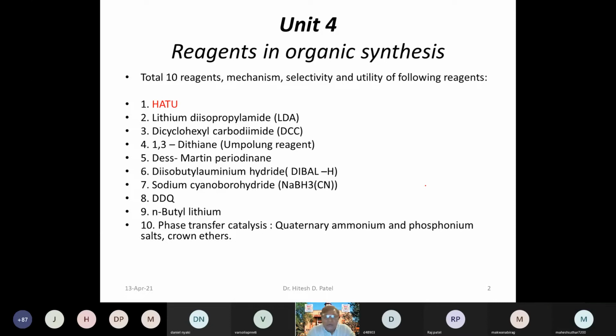Yes, sir. So as per the syllabus, we will discuss the different types of reagents. Total 10 reagents in our syllabus.